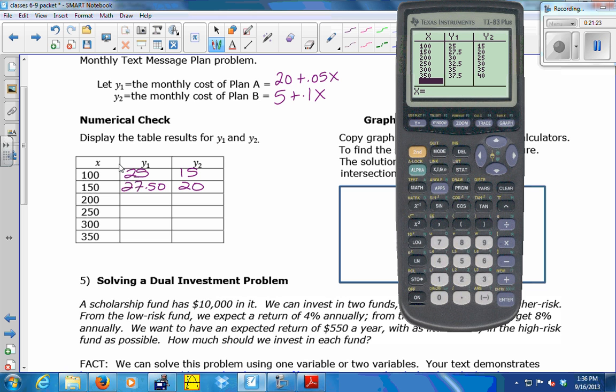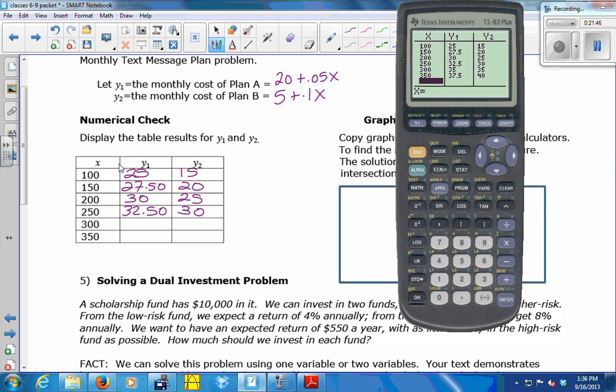So far it seems like plan 2 is the cheaper option, right? 200 texts, we have $30 for plan 1 and $25 for plan 2. Still looking like plan 2 is the plan to choose. 250 is $32.50 or $30.